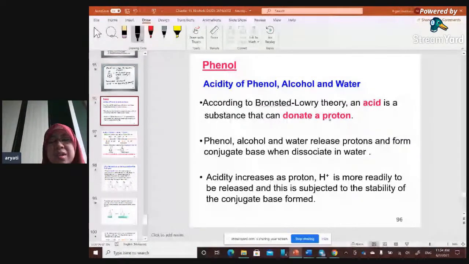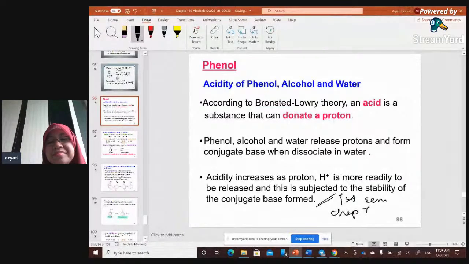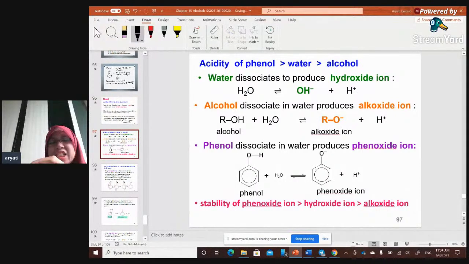Actually ni kita dah belajar masa first semester chapter 7. During the experiment, scientists found that phenol is more acidic compared to water, compared to alcohol.